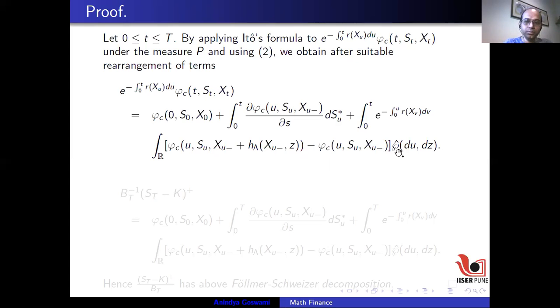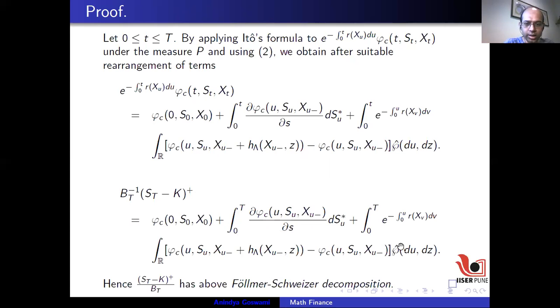Now if you let small t tend to capital T, you get this equation. On the left-hand side you have the discounted terminal claim, and on the right-hand side you have three terms. First is the zeroth term, which is the option price at time 0. The second term gives you the hedging, and the third term is the additional cash flow.